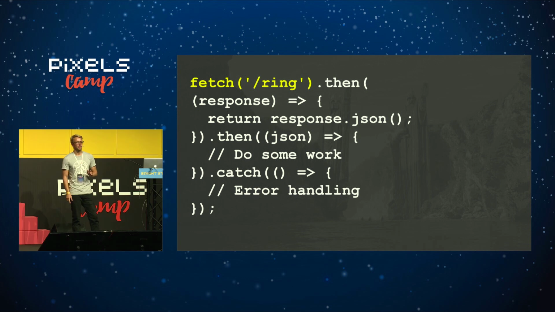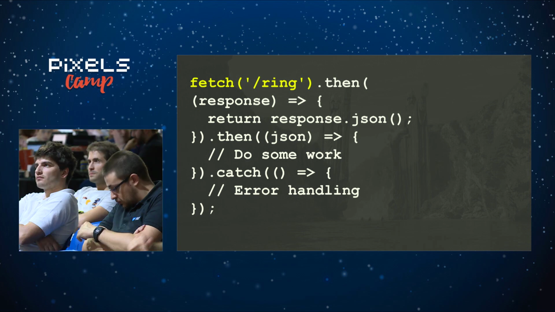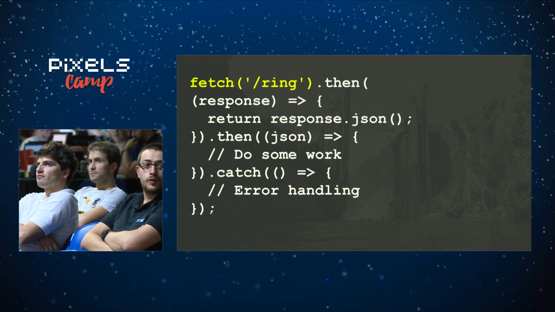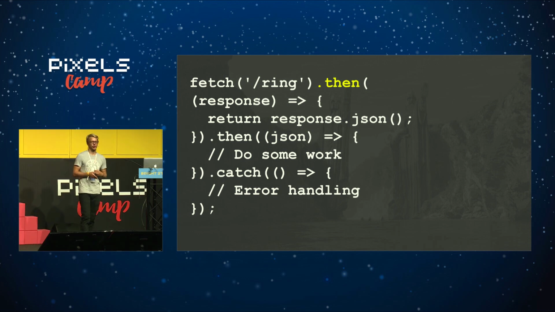So let's break it down a little bit. The fetch function returns a promise that will basically make a GET request to our /ring endpoint. Now, for us to be able to get that data, we are going to call then on that fetch. And once the data comes back to our browser, the browser will call our function that we define here.